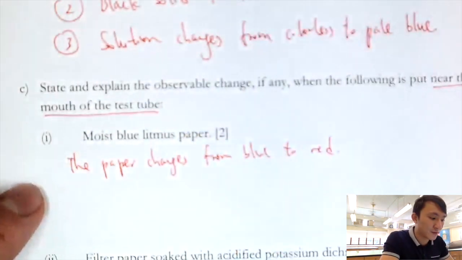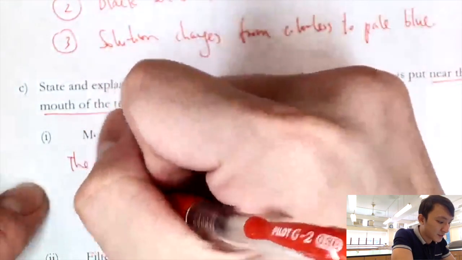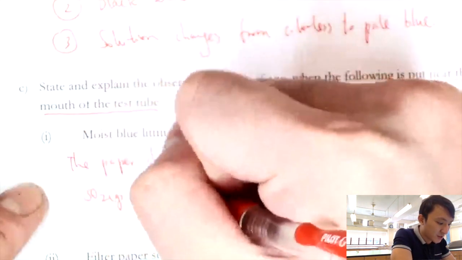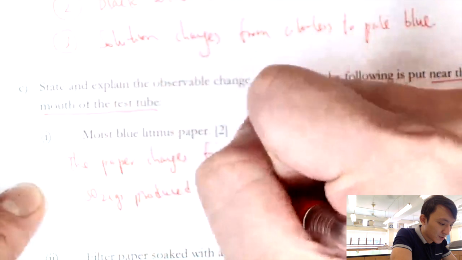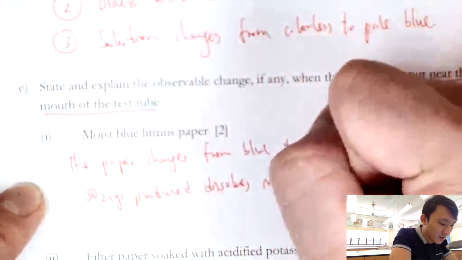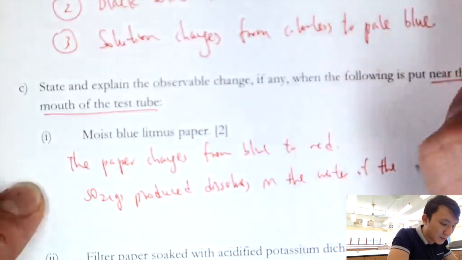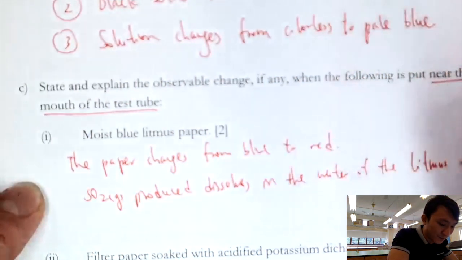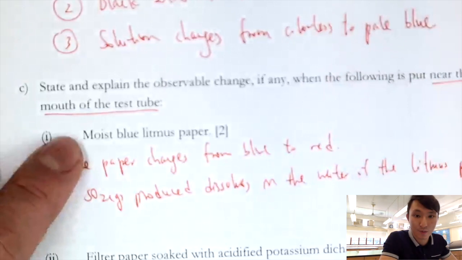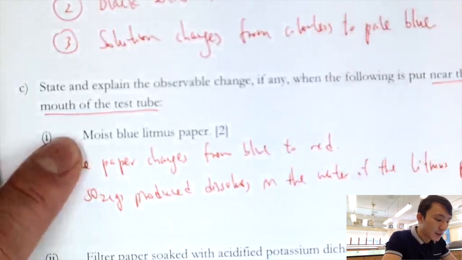Now this is because the sulfur dioxide gas produced dissolves in the water of the litmus paper. That's why you have to moisten it. You have to allow the gas to dissolve first.